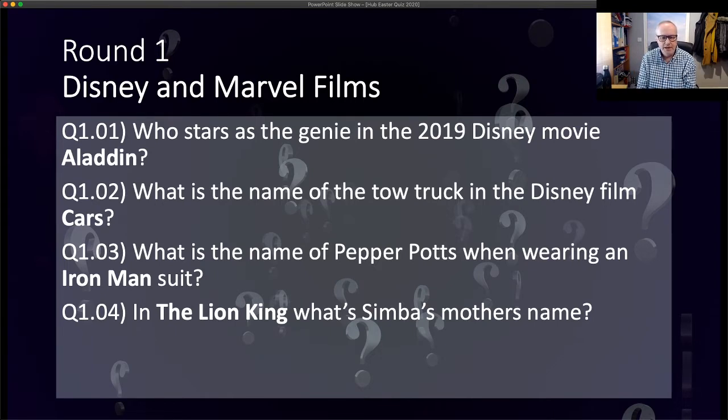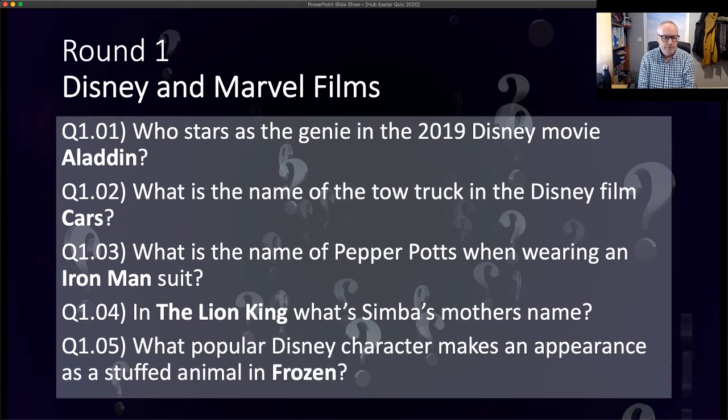In The Lion King, what's Simba's mother's name? And we'll have a brief pause after these first 5 questions. And question number 5, what popular Disney character makes an appearance as a stuffed animal in Frozen?